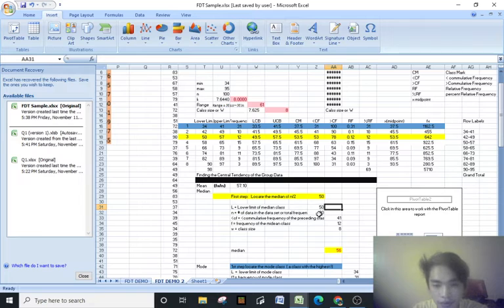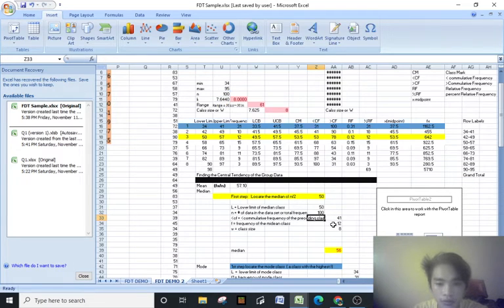Next is to find the lower limit of the median class. So to find the lower median class, you must find the lower limit in the median class. So it has the 50. The number of data is the count number.